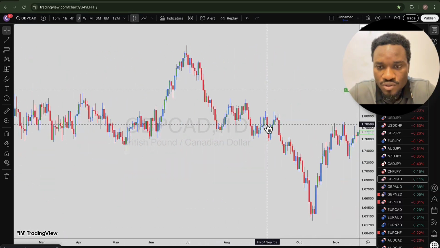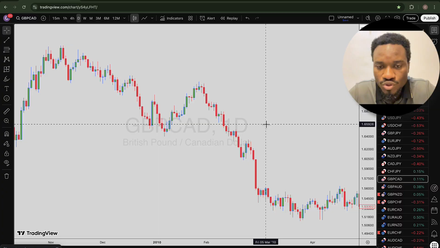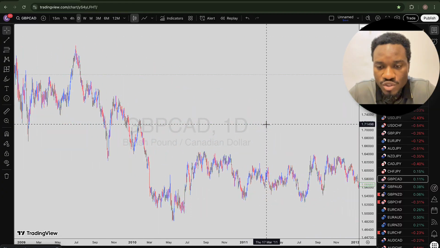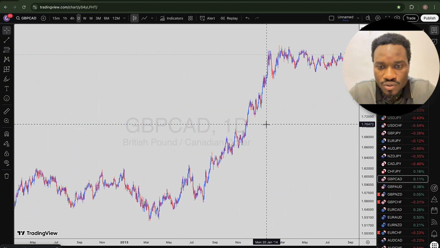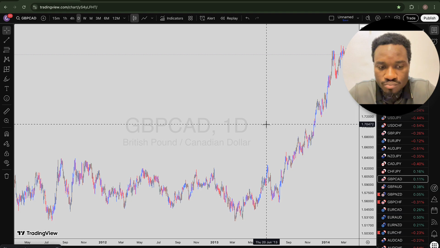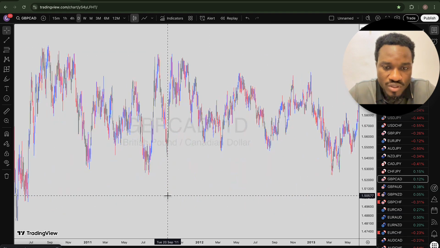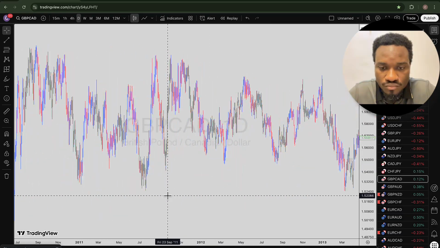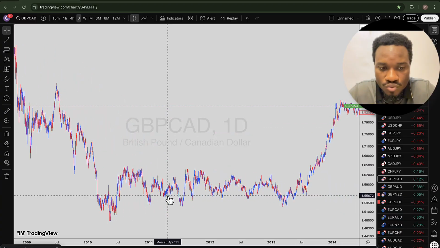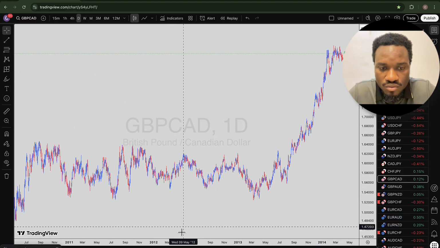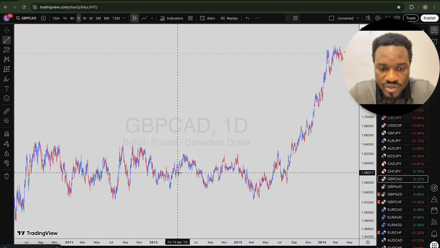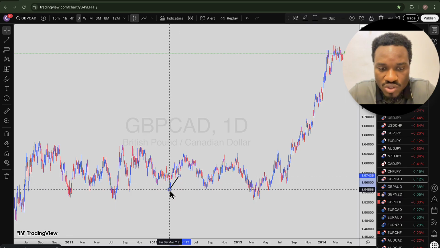So we look for more examples. We zoom in totally on the price chart. We have one here. The best way to look out for this pattern is to zoom out totally on your price chart.